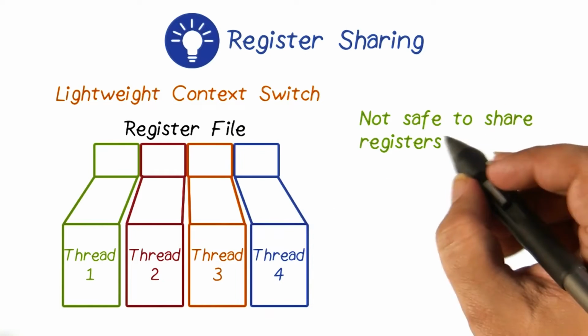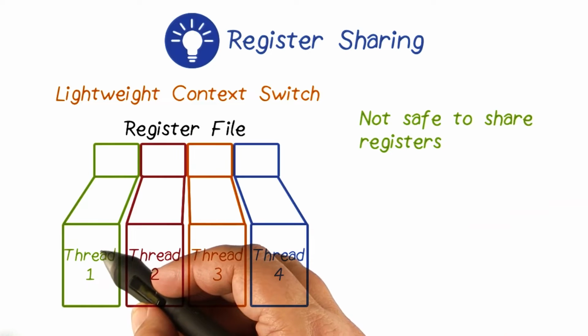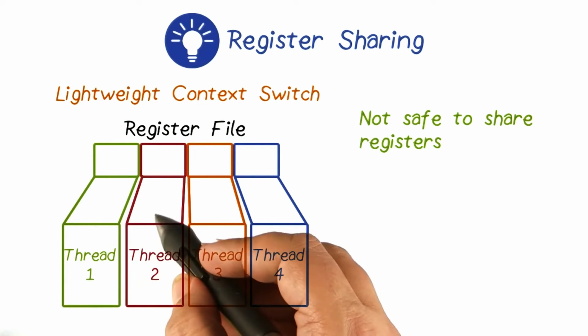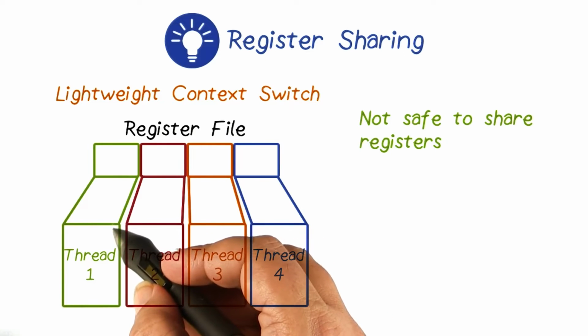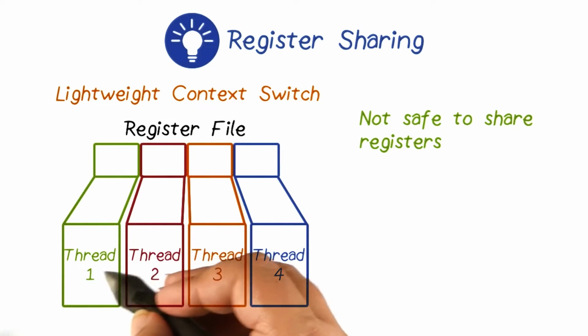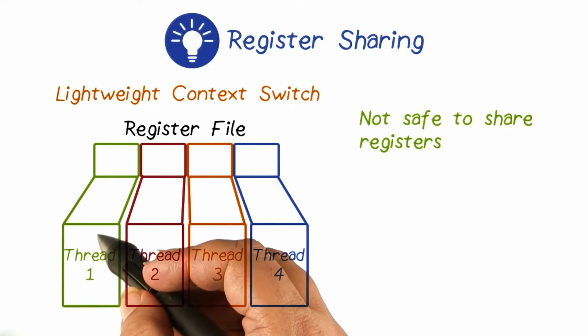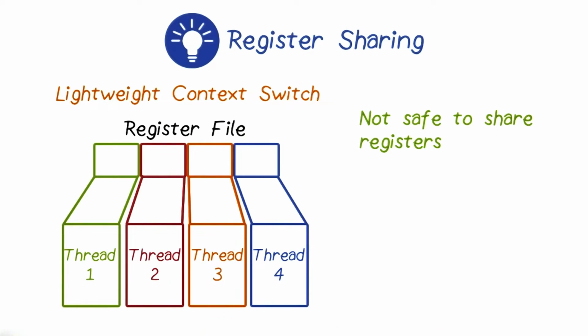So it is not safe to share registers, because imagine thread 1's part of its state residing in register 5, and that register 5 is now made available to thread 2 without saving it. What will thread 2 do? Thread 2 might override that particular register with a new value. And so when we get back to thread 1 and resume its execution after it is scheduled, you are going to see a destroyed value in that register 5, and that means the program semantics will be jeopardized.